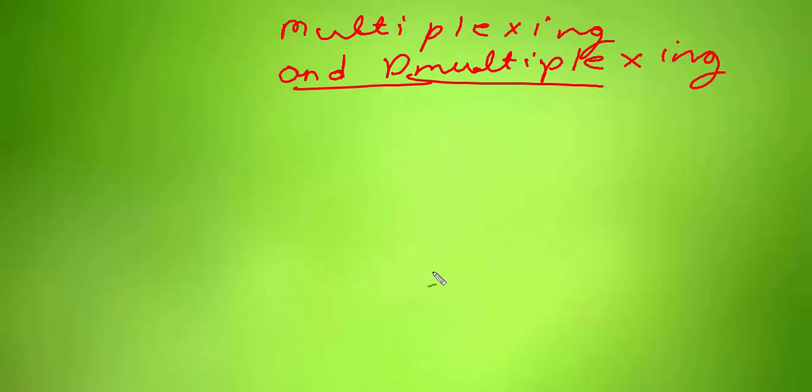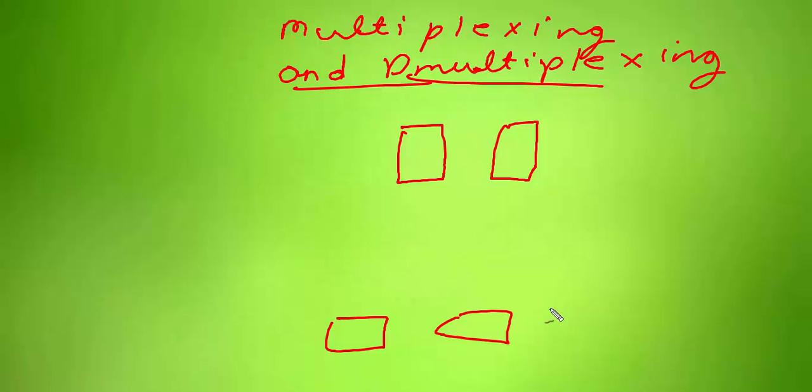So the transport layer at the source performs multiplexing, and the transport layer at the destination performs demultiplexing. Okay, so let's take an example. Let's say this is your machine and this is the client. You are communicating with each other.